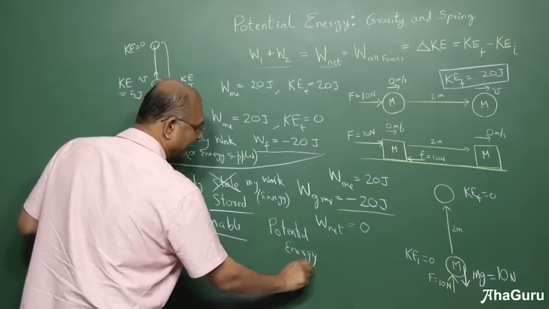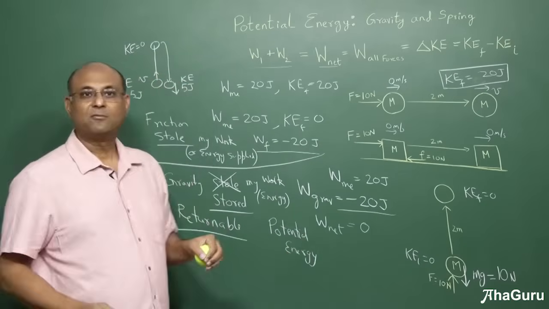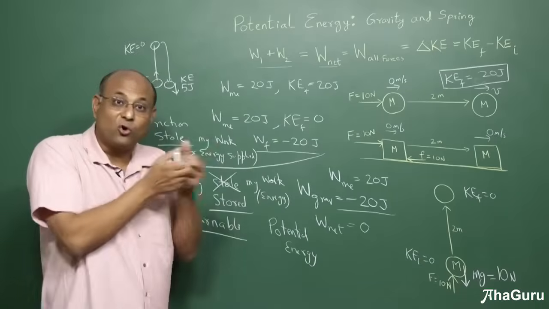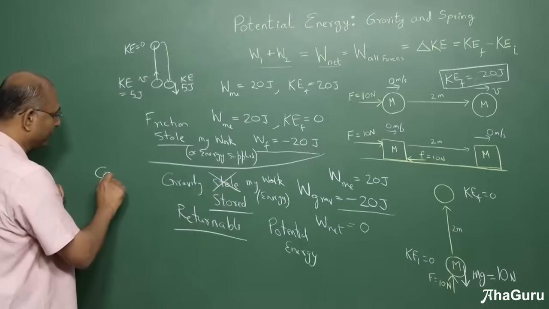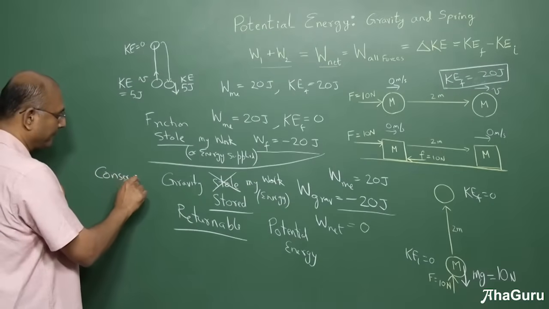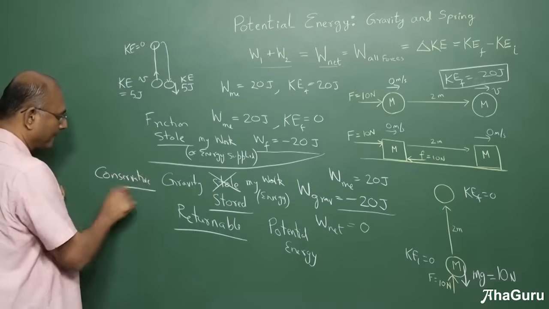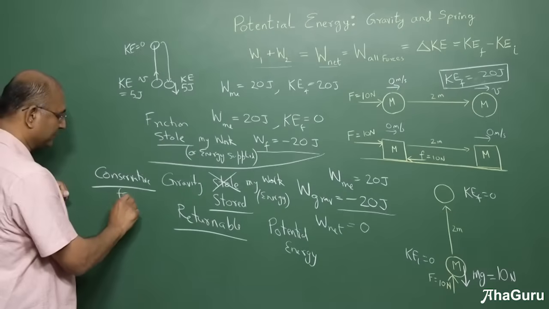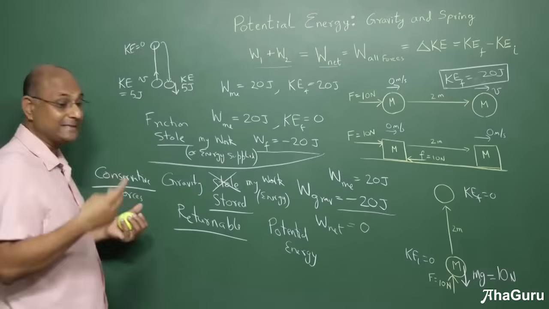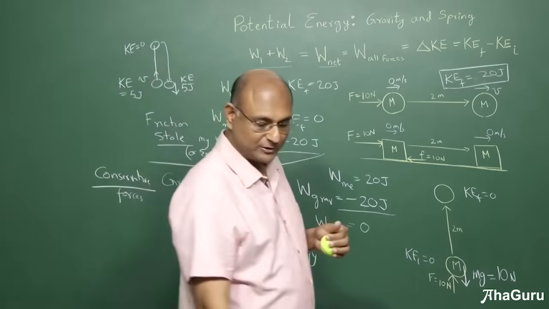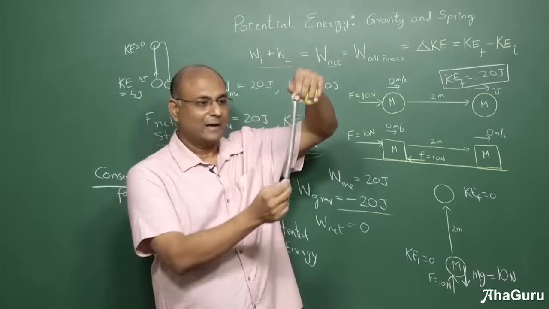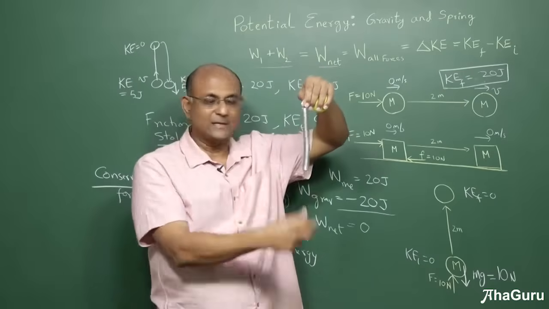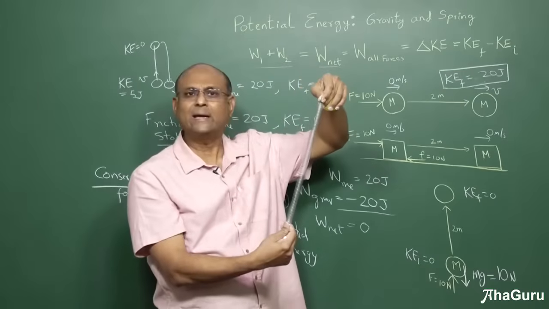Now any force which can do this, which can store and not lose it, we call such a force conservative force. Spring is an example of a conservative force. If I take this spring and pull it, I did work in pulling it because I'm exerting a force like that, but no kinetic energy.